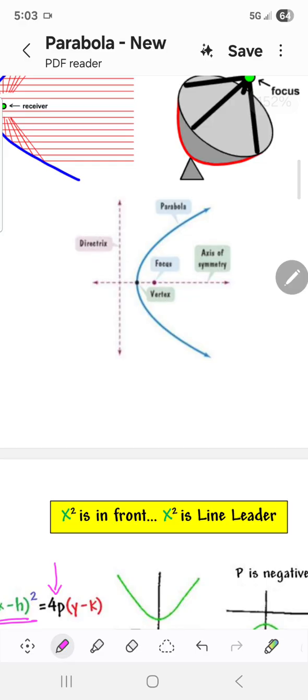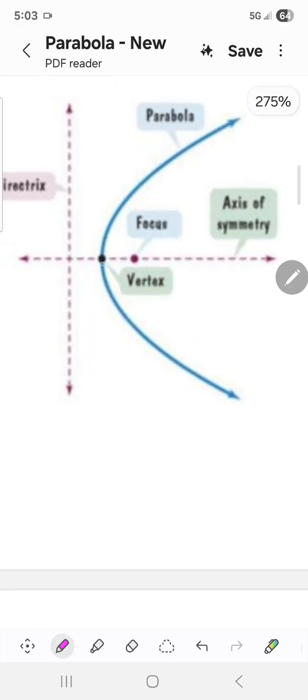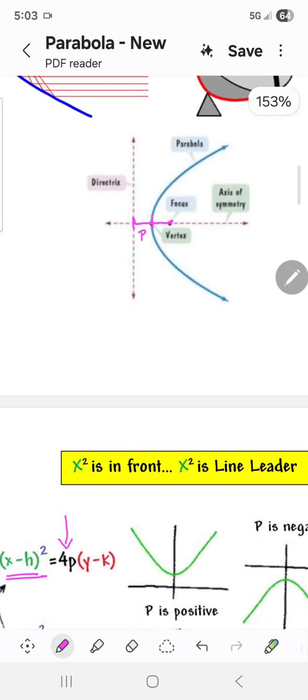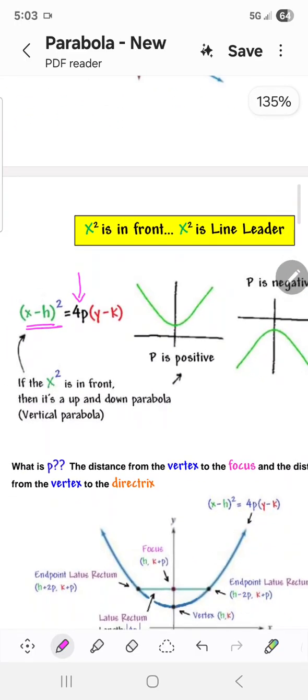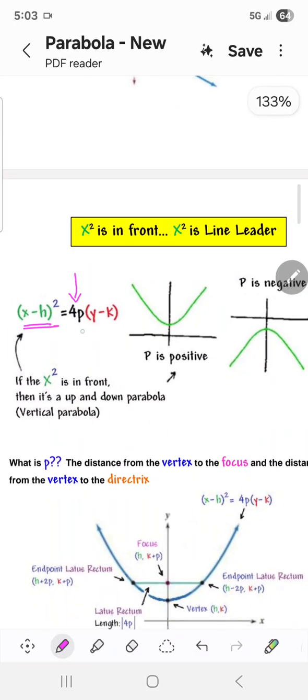Fun fact, going back to our picture, the distance from the vertex to the focus, and like I said, from the vertex to the directrix, they're the same value. However, that distance is value p. So that's kind of neat. You can find it from the graph. Or if you're given an equation, we'll talk about that too. If p is positive, you're going to open up. If p is negative, you're going to open down.